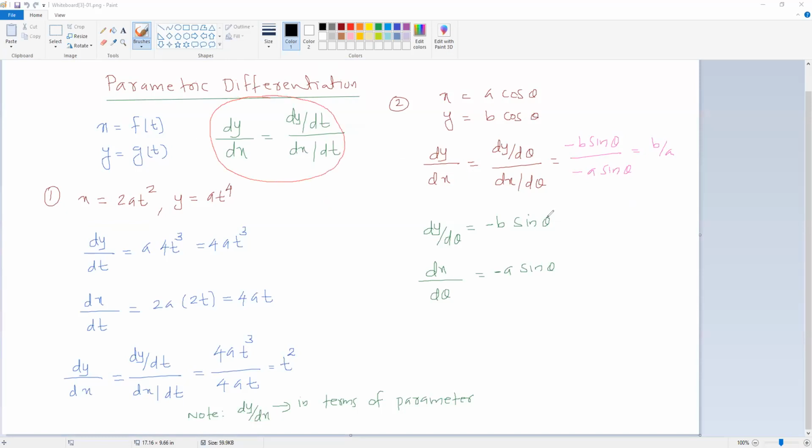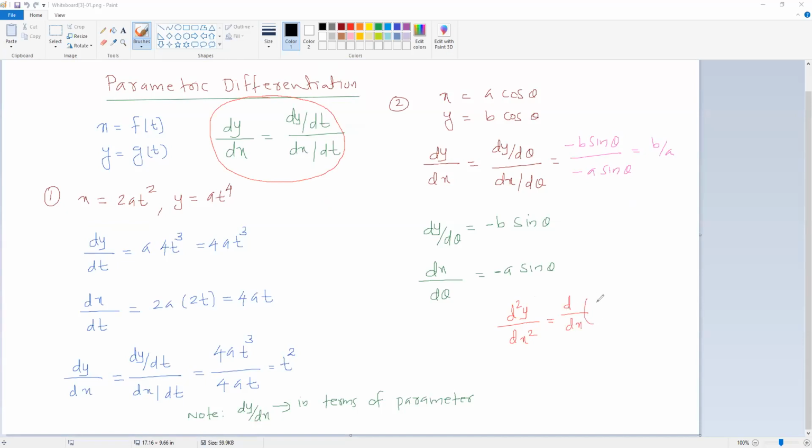Then in this case, if you want to find the second derivative, d square y by dx square, when the function is given in parametric form, what we have to do is find the derivative of dy by dx.